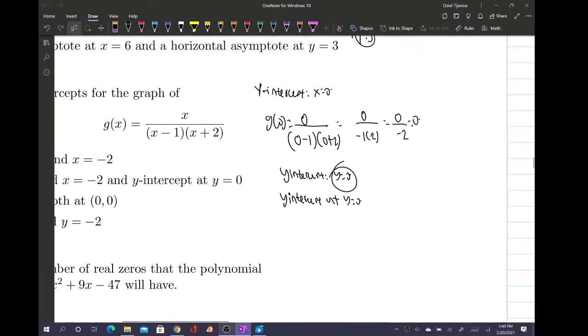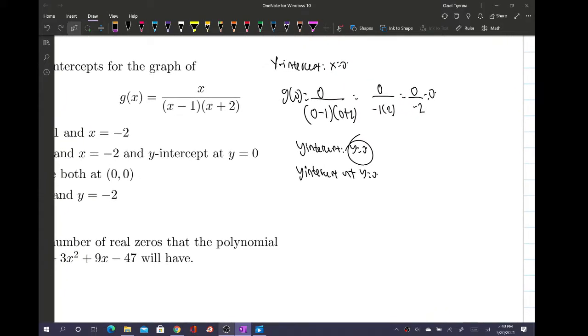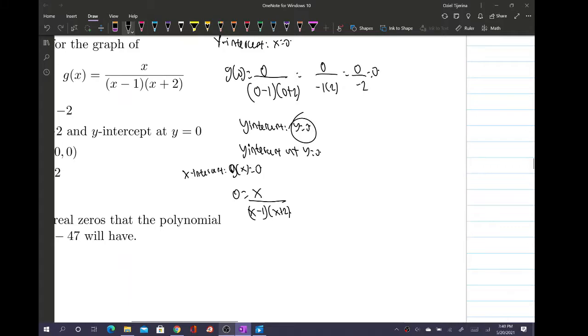And the x-intercept, so to find the x-intercept, you need to set g of x equal to 0. So you would say 0 equals x over x minus 1 times x plus 2, right? So to solve this, you're going to multiply by x minus 1 times x plus 2 on both sides.